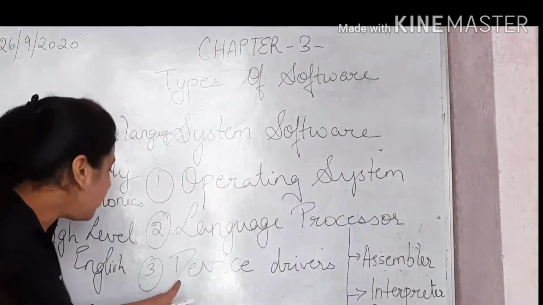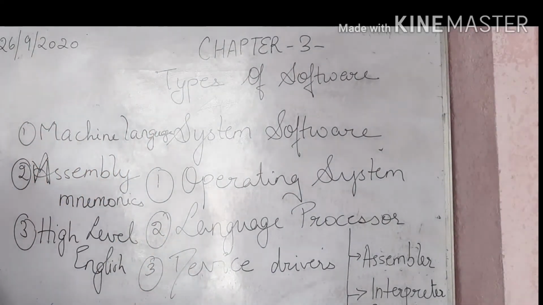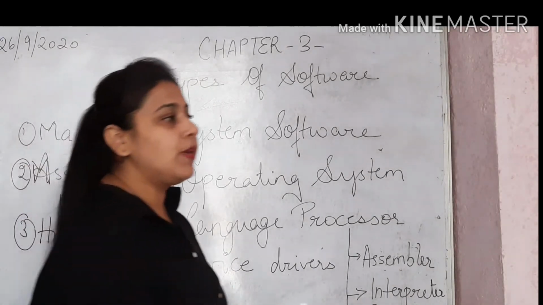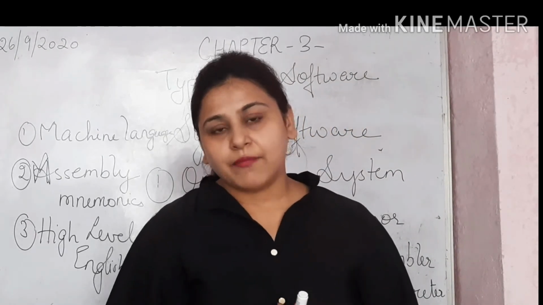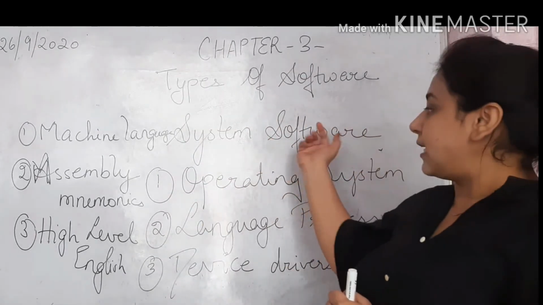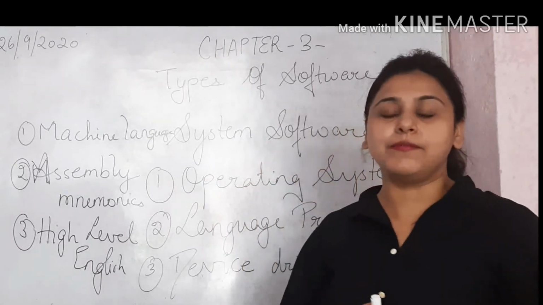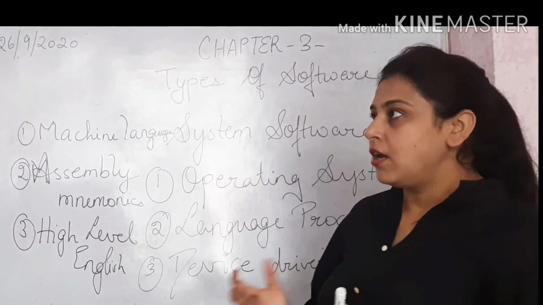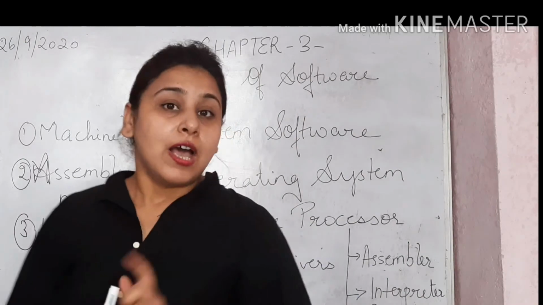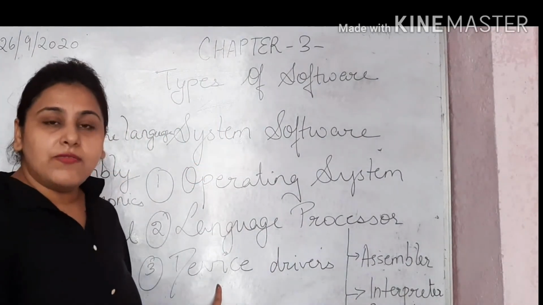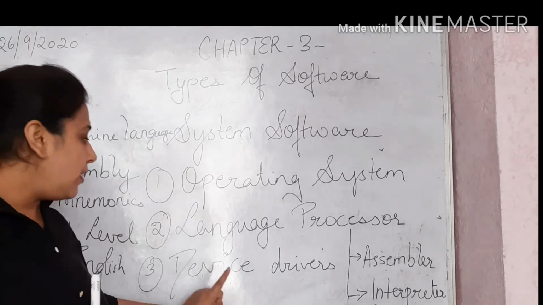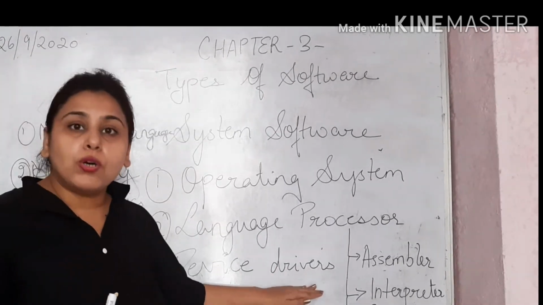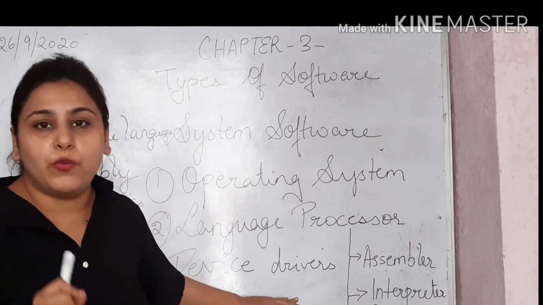Clear? The third type of system software is your device driver. As the name says, device driver, these are the software that are used to manage the devices. But now you will say, ma'am, you said that system software or operating system helps in smooth functioning of your hardwares. Yes. Whenever you attach any hardware to your computer, device driver stores the driver of each hardware.